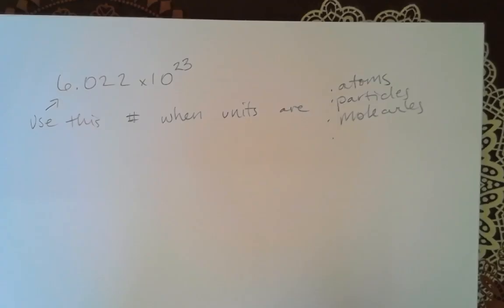Yeah, so use that big number when you're looking at the units of the small stuff. So if it's asking about how many tiny things, how many atoms or molecules or whatever, that's when you use that big number. And it's that many things in 1 mole.